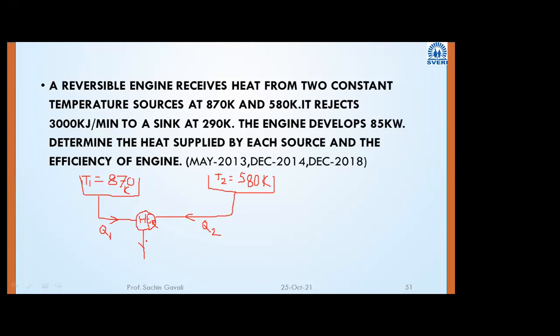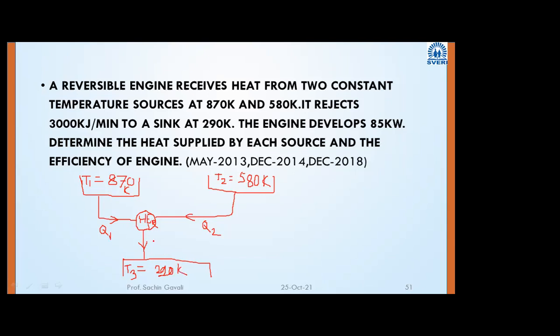Now this heat engine is rejecting heat to a third reservoir that is called the sink. Here T1 and T2 are the sources and the sink is our T3. What is the temperature? 290 Kelvin.